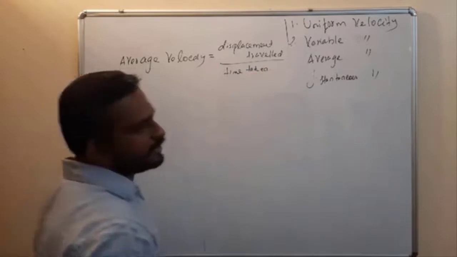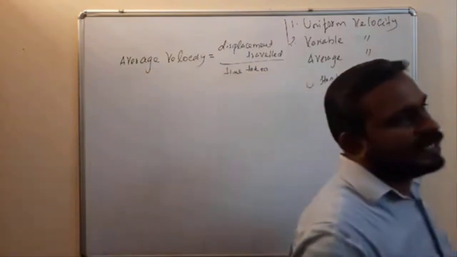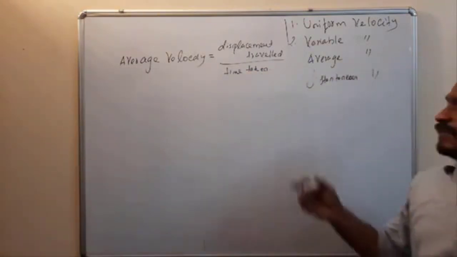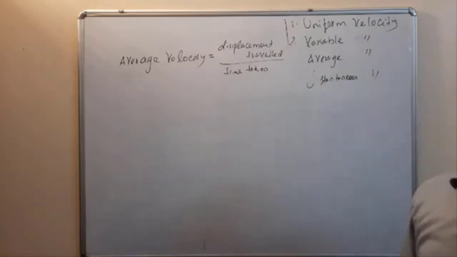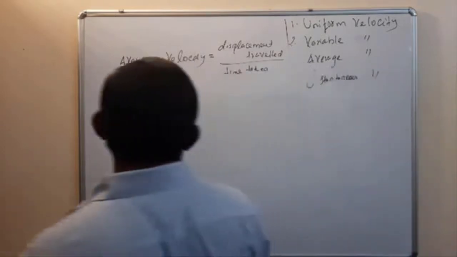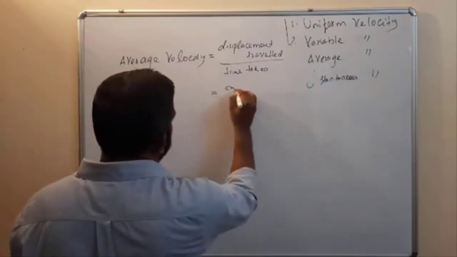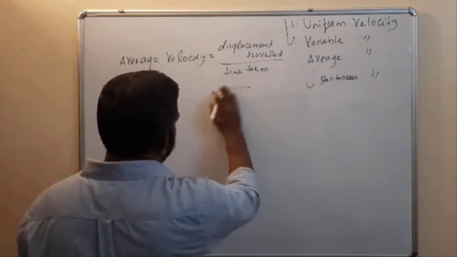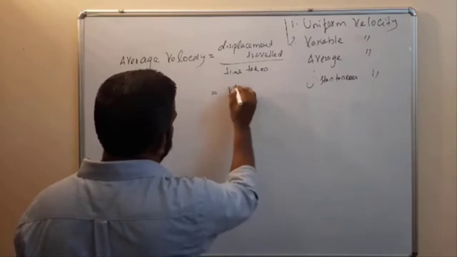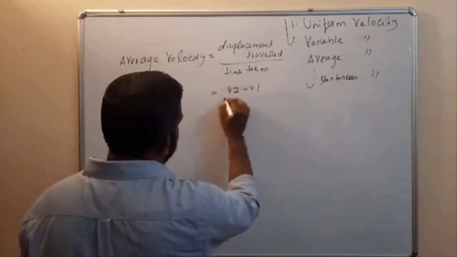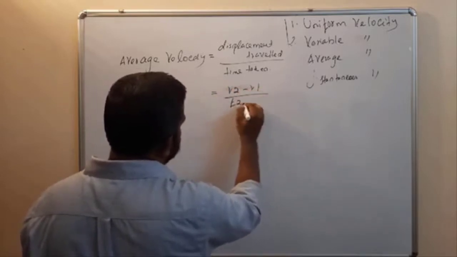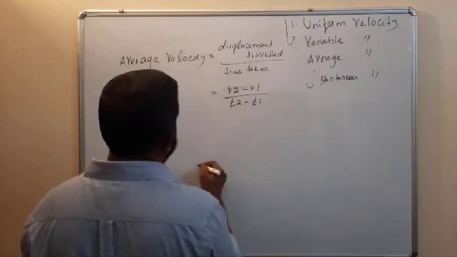So in a particular time interval, how much displacement the body has traveled. So the displacement traveled divided by time taken. So that is average velocity. So that's equal to x2 minus x1, or r2 minus r1, divided by t2 minus t1.